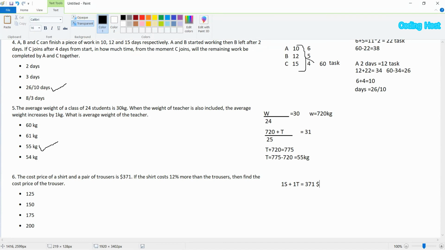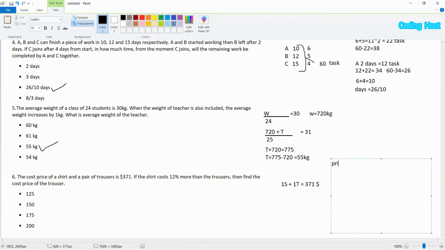After that they are saying that if the shirt costs 12% more than the trousers, then find the cost price of the trouser. So the price of shirt is 12% more than the price of trouser. Now we have to find the price of trouser.